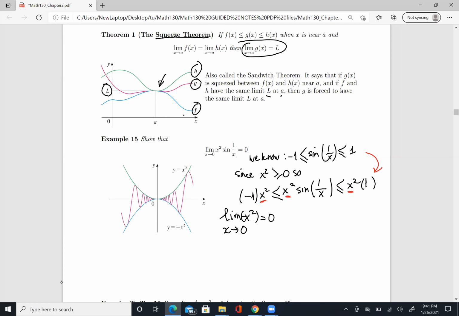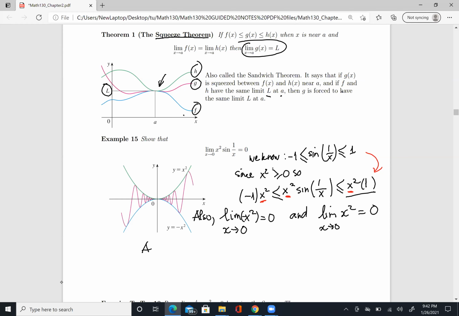Okay, so also, what about this side? The limit of x squared when x goes to 0. What happened? Direct substitute equals 0. So you see that this is exactly the case of the squeeze theorem.